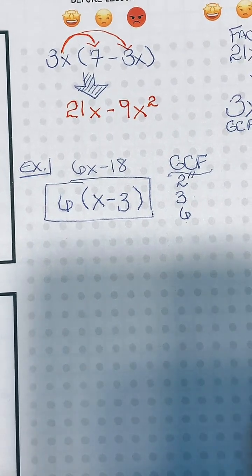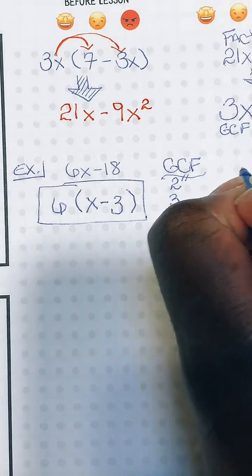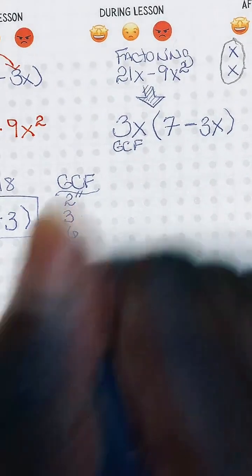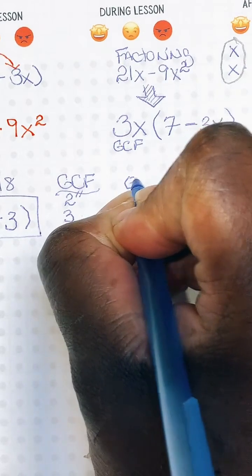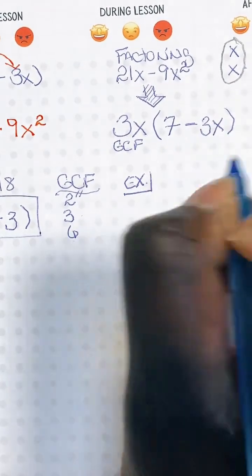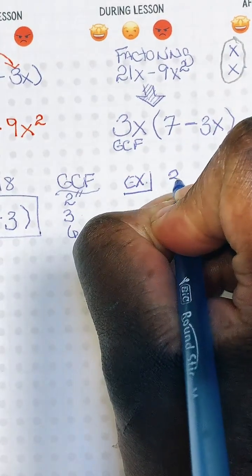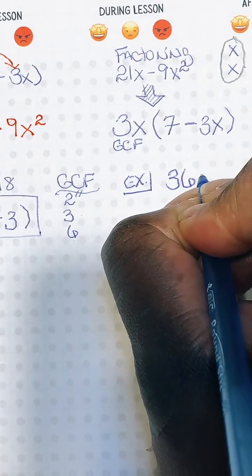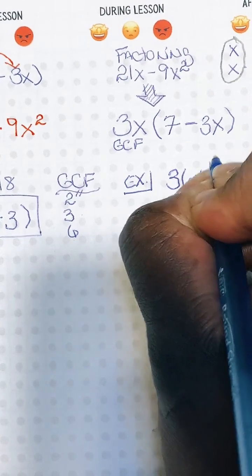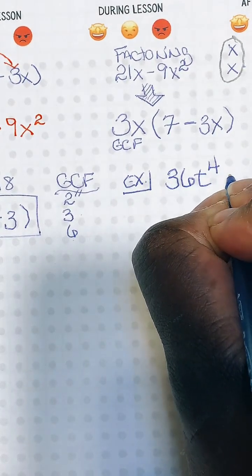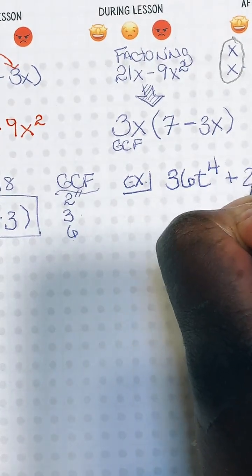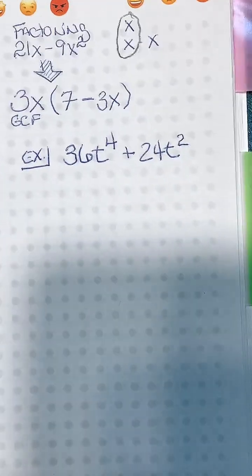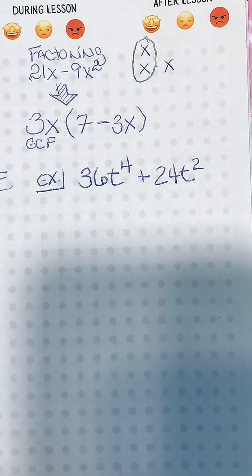Let's do this one. I'm going to see if I can slide this over just a little bit. Okay, so we have 36t to the 4th plus 24t squared. Let me bring that over so you guys can see.